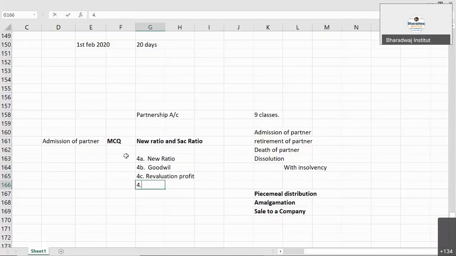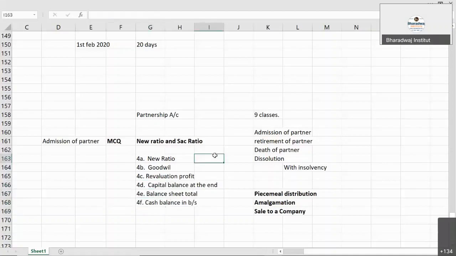Now this is going to be asked as an MCQ or a 1 mark or 2 marks question. What is the capital balance at the end for each partner? And 4E maybe, what is the balance sheet total? Or they can ask specific things like what is the cash balance in the balance sheet.